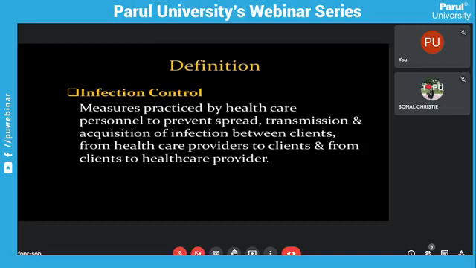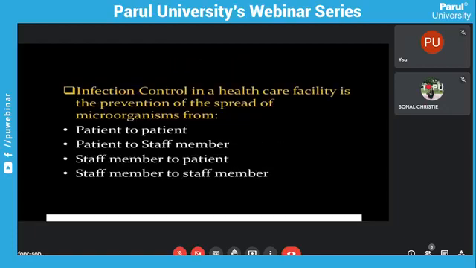Then, infection control in a healthcare facility is the prevention of the spread of microorganisms from certain routes. That is, first from patient to patient. If we prevent spreading of infection from patient to patient, then infection will be under control.